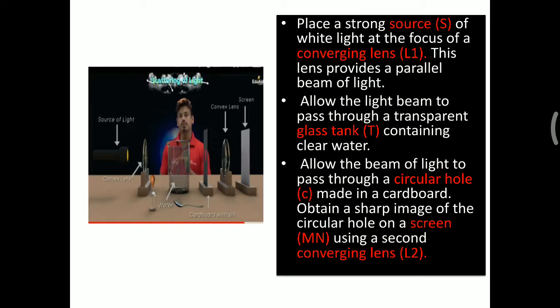Now when the light passes through the glass, it comes out and passes through the cardboard with the slit. Obtain a sharp image of the circular hole on a screen using a second converging lens. Here I kept one more converging lens near the cardboard slit, so the light passes through the convex lens and falls on the screen.